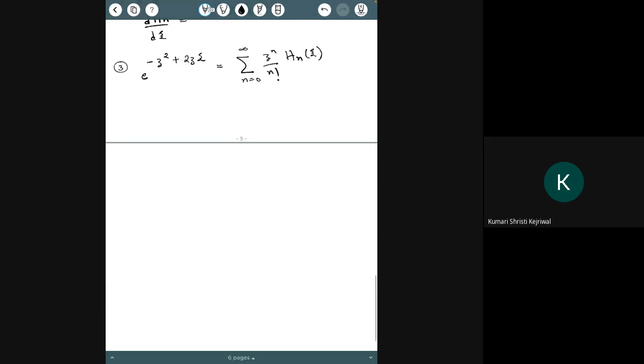Okay. The next thing we'll do is we'll try to find out the probability of finding a quantum particle outside the potential well.